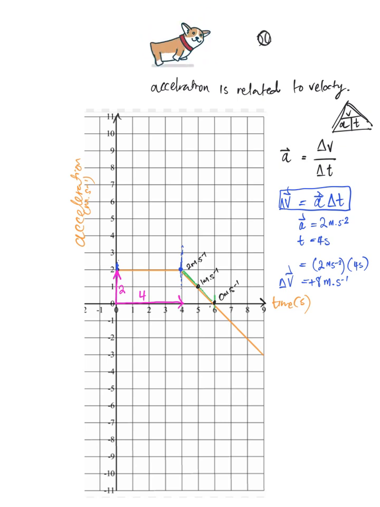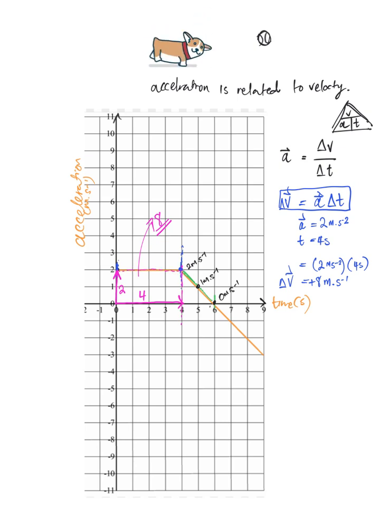Now I know that 2 multiplied by 4 is 8. If I look at what shape I've got here, I've got myself a rectangle.